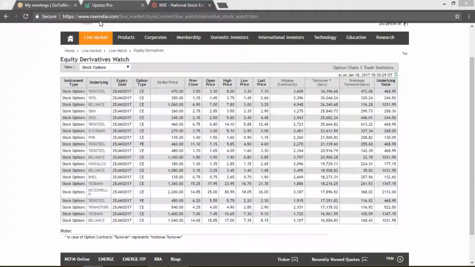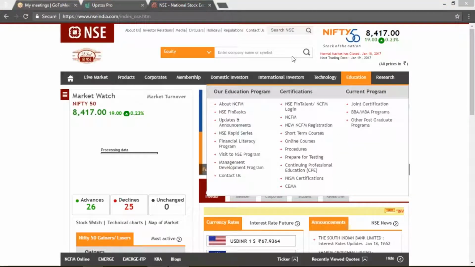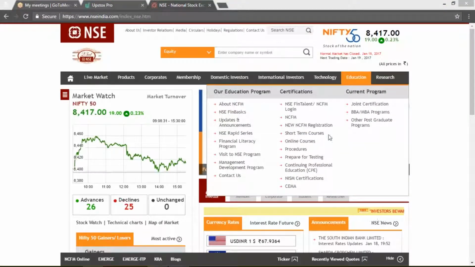Now why should you not trade on stocks apart from these? Okay, Nageshwar says because of lesser interest of traders in other stocks.